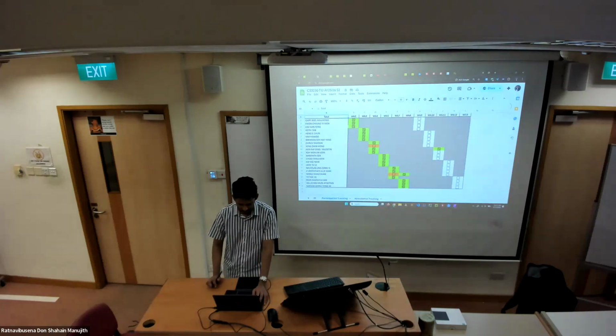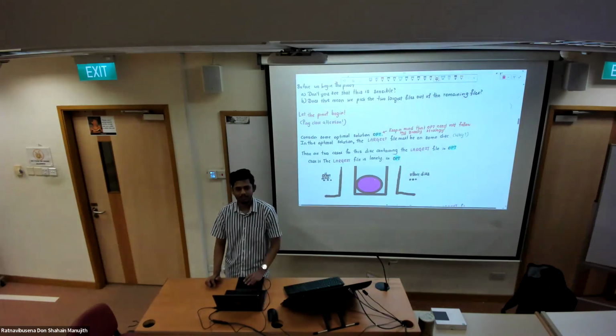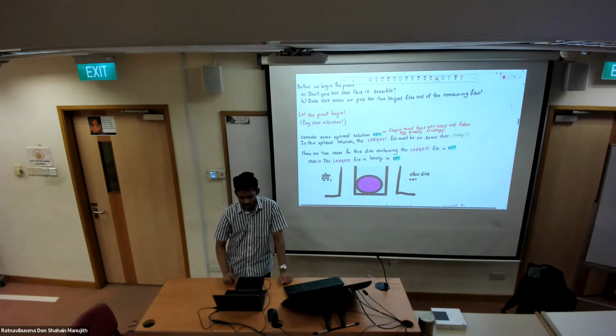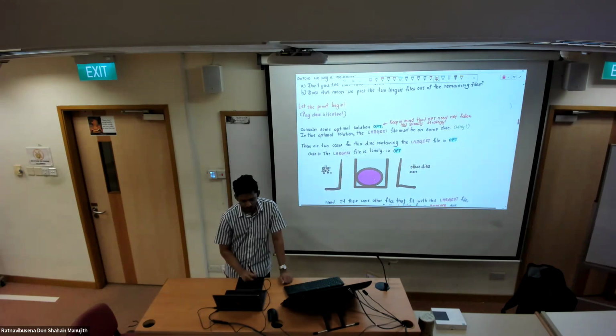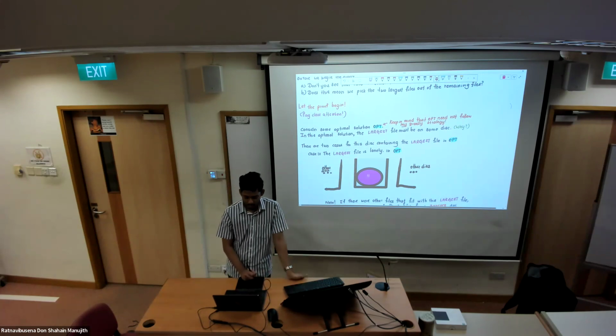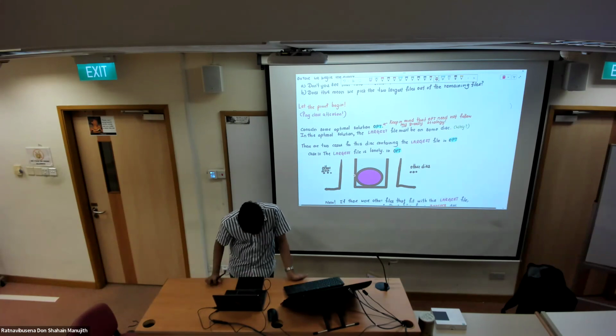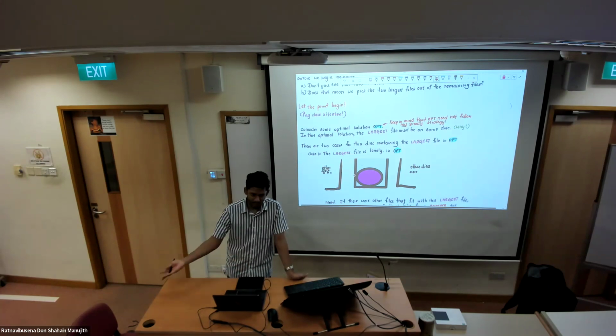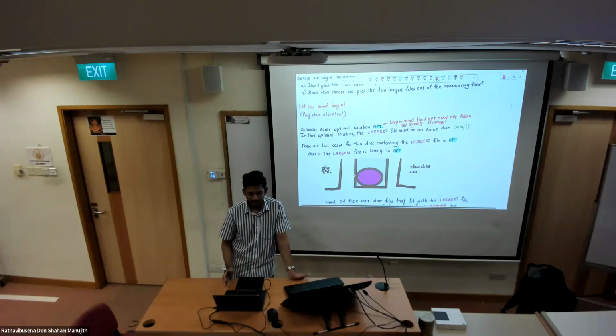So the first case is, in this optimal solution, we look at where the largest file is. We look at this case where the largest file is lonely. That means there's no one with this file in this disk. My question to you is, if there are no other files that fit with this largest file, then our greedy choice is already correct?